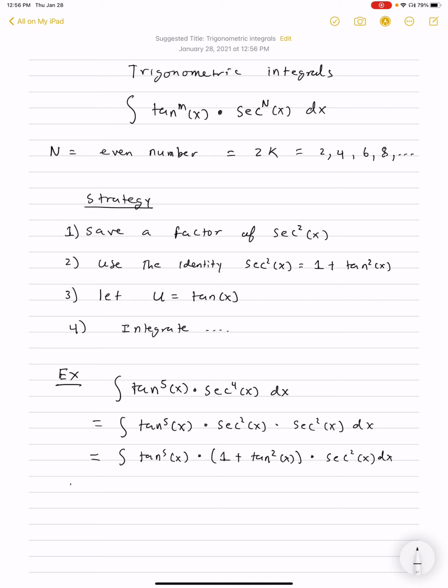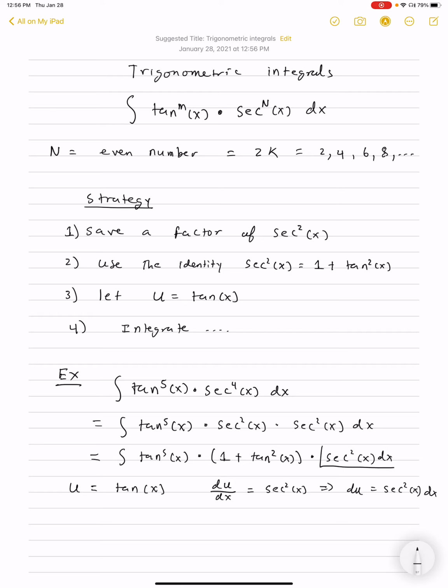So at this point, we should perform our u substitution. u is equal to tangent of x. And recall from calculus 1 that the derivative of tangent is secant squared of x. So this tells me that du is secant squared of x dx.